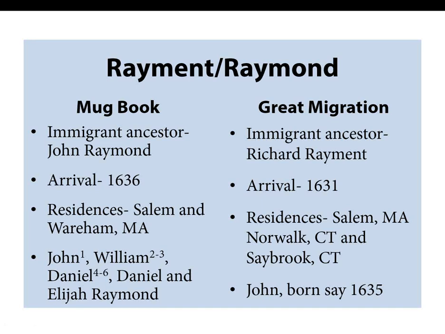Bob Anderson is drawing from original sources and analyzing original documentation, and comes up with the immigrant ancestor as Richard Raymond, whereas the mug book has John Raymond. The arrival dates are off. The residences, while they both start in Salem, end up in two very different locations.